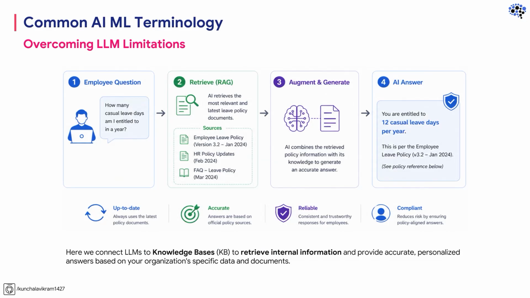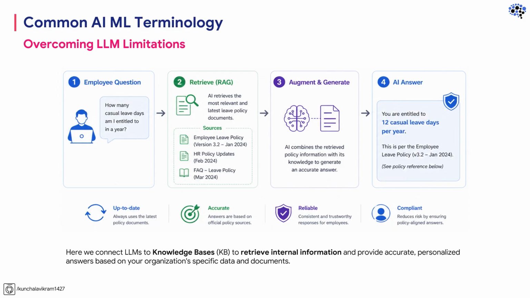For example, I can use RAG to access internal company documentation, right? When a user asks a question like how many casual leaves am I entitled to in a year, using retrieval augmented generation I can access various sources inside my organization that have information about the leave policy or HR policies or anything like that.